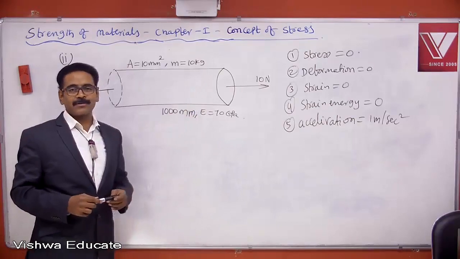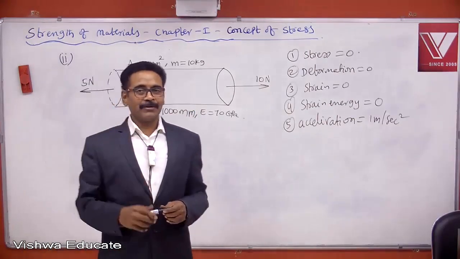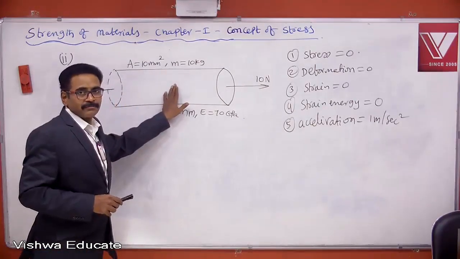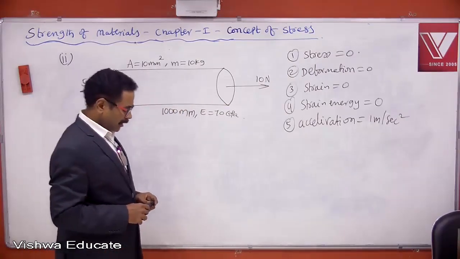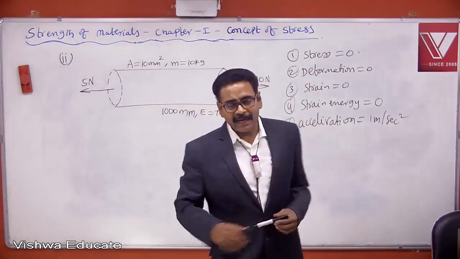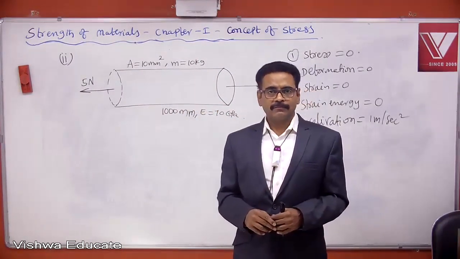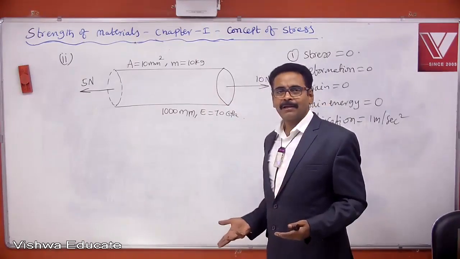What is the resultant force? Resultant force is 10 minus 5, 5 newtons. So this bar will not be in static equilibrium. Then tell me how much stress will act in this bar. Will stress be 0, or will some stress be there?